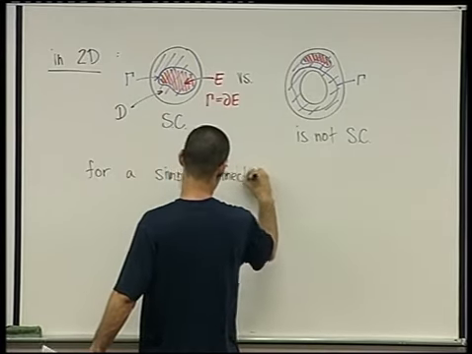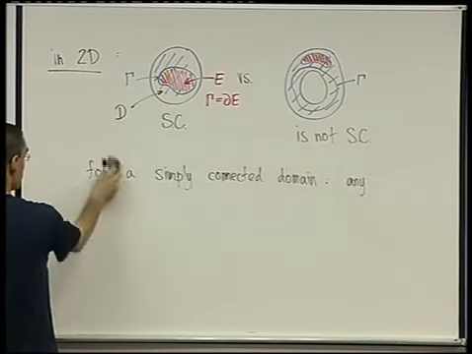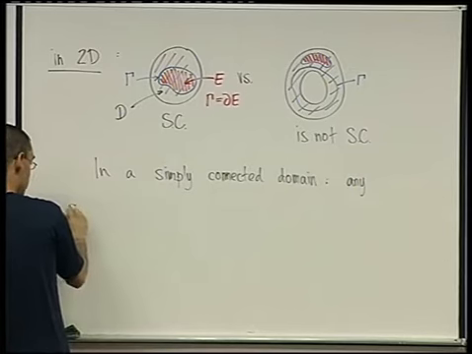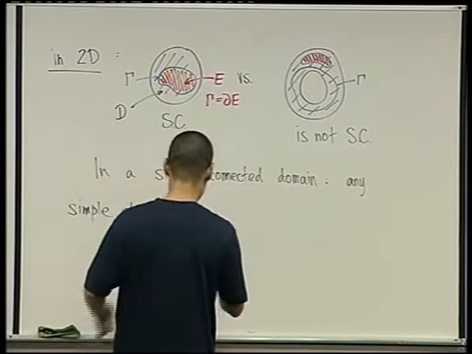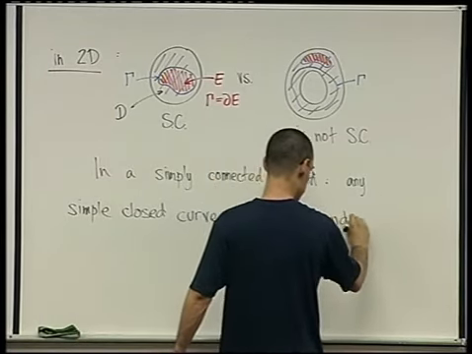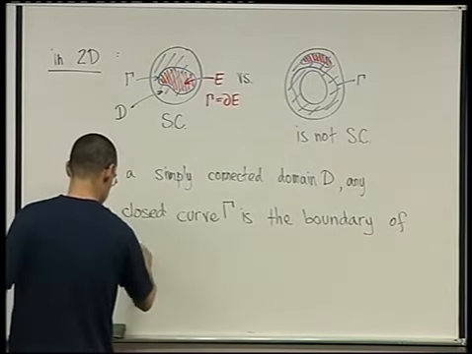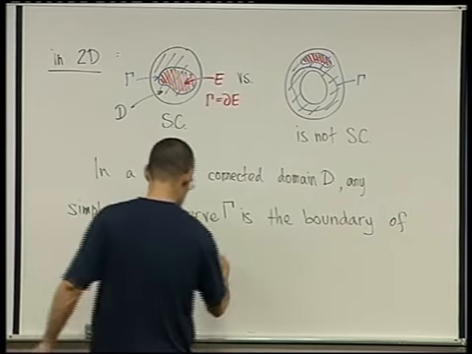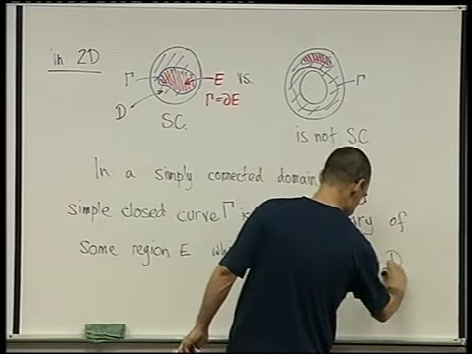In a simply connected domain D, any simple closed curve gamma is the boundary of some domain, of some region E, which is contained in D. Okay?